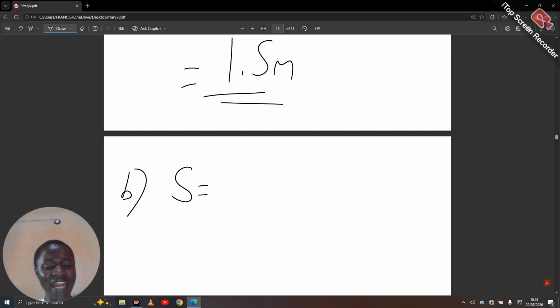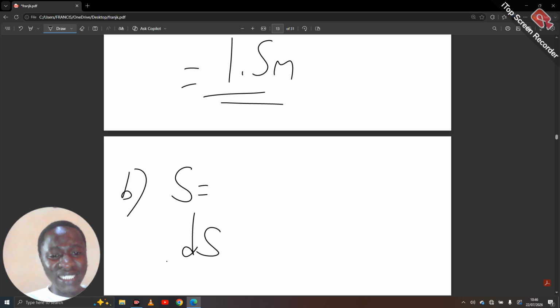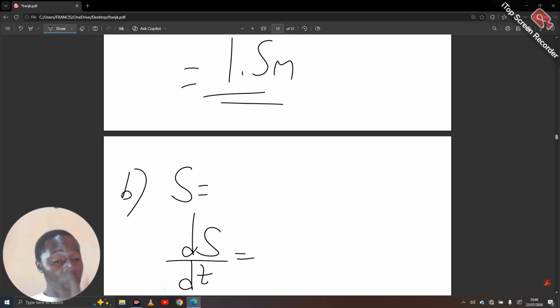And what does the examiner want us to get? Velocity. That means we are going down, so we are differentiating. So ds over dt equals what? We are differentiating the displacement.